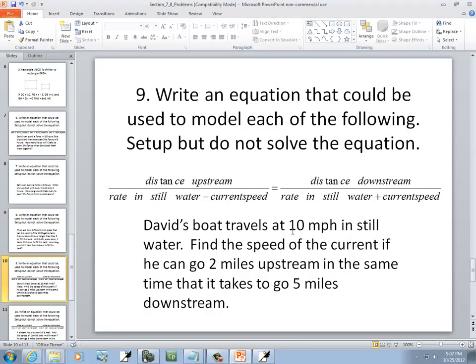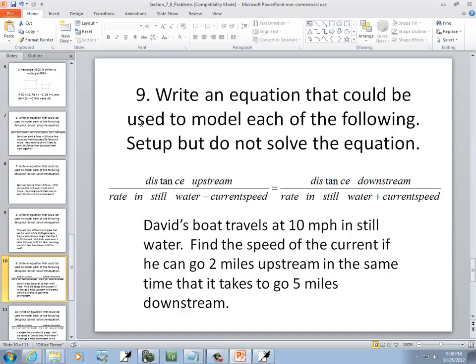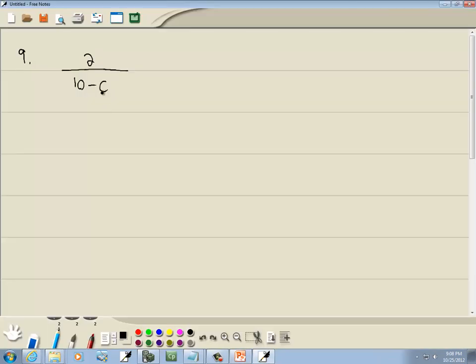And the boat travels at 10 miles per hour in still water. And going upstream, you're working against the current, which means you're going to have 10 minus c. Now 10 is your speed in still water. And when you're going upstream, you're working against the water, which means your speed's going to be slower. So that's why it's a minus c.